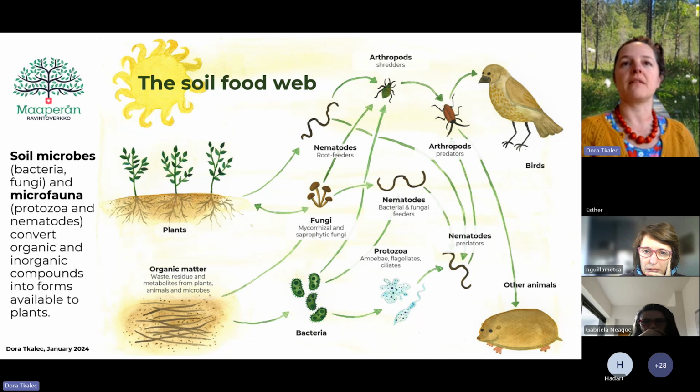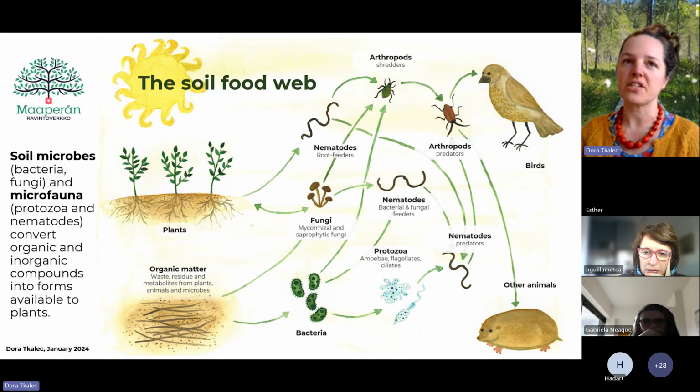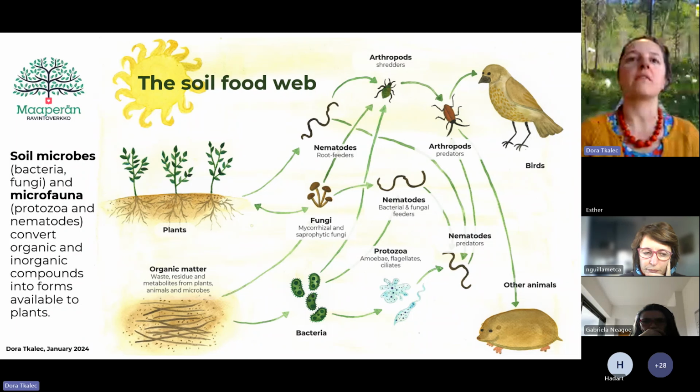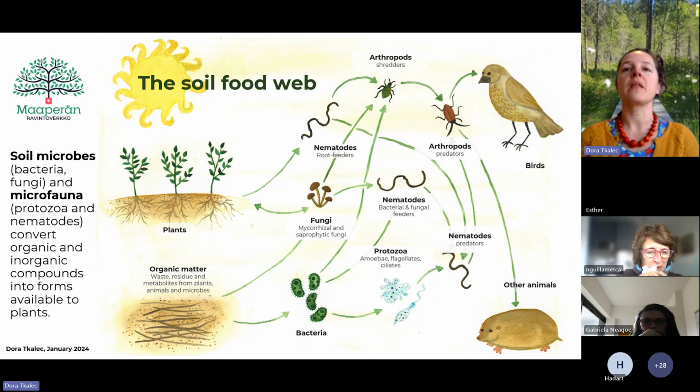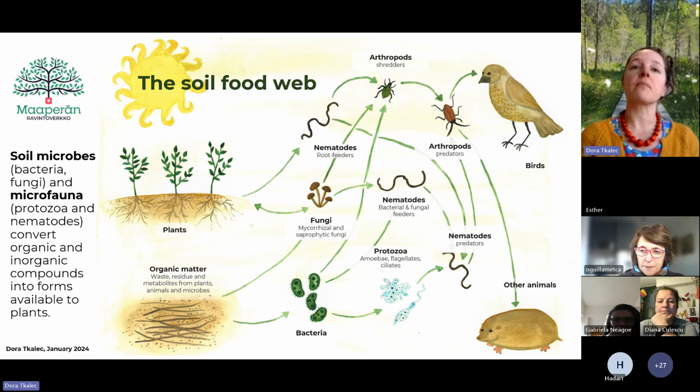There is also something that is called rhizophagy, which means that plants can also take up bacteria and fungi and protozoa by themselves in the root zone, in the roots, and they can kind of synthesize those microbes and use them as a food source as well. But yes, fungi and bacteria are the ones that are within the root zone.